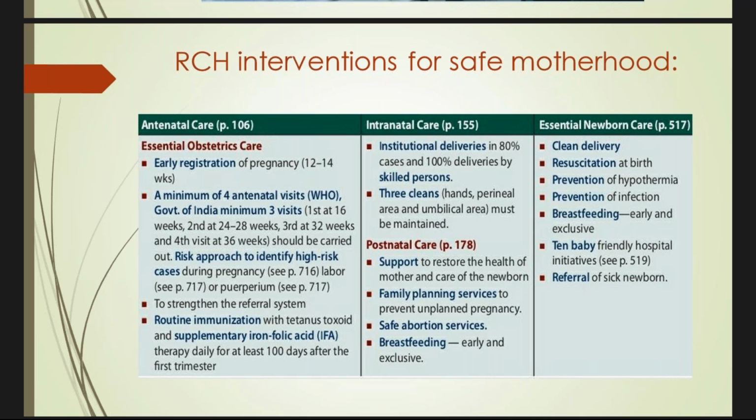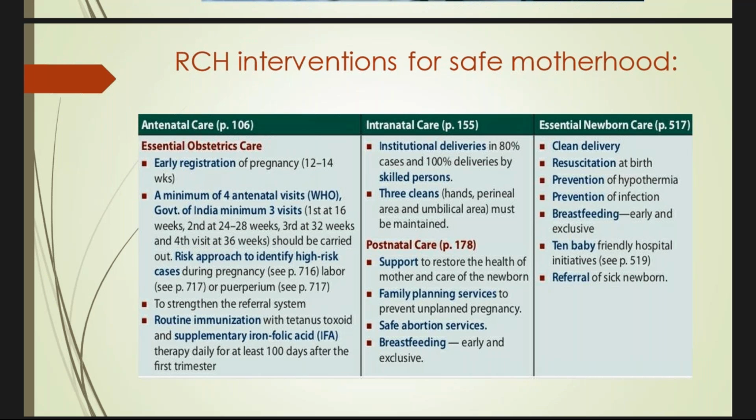Ideally, a visit every month starting from the pregnancy, every 2 weeks after 28 weeks, and every week after 36 weeks. But in remote and poorly developed areas, the minimum antenatal visits will be 4. And a risk approach to identify high risk pregnancies, labor or puerperium.